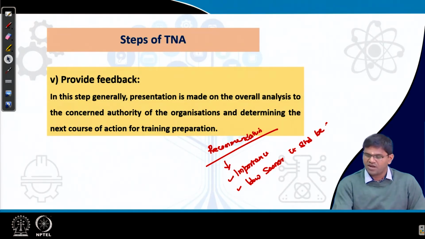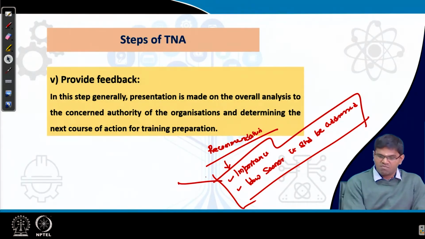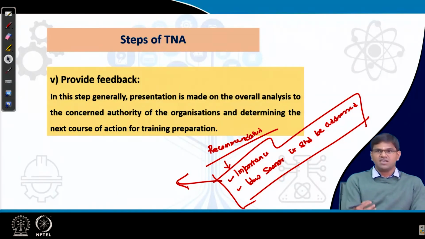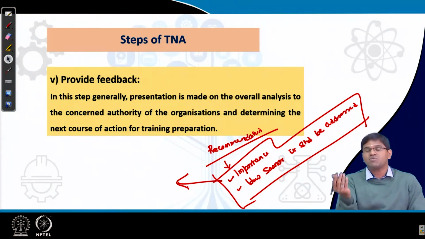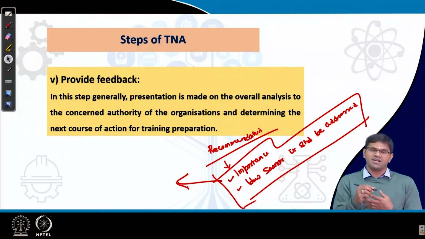So that they will decide what our activity should be: whether we should immediately set up a task force to design a training program, or whether there is a possible improvement by providing inputs or adjusting the existing system, or maybe doing a job rotation, moving people who already have a different skill set. This is also important before you decide to invest in a training program.